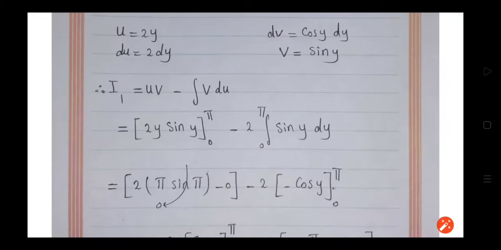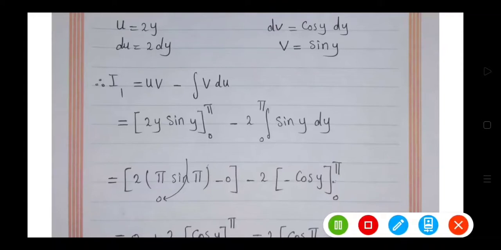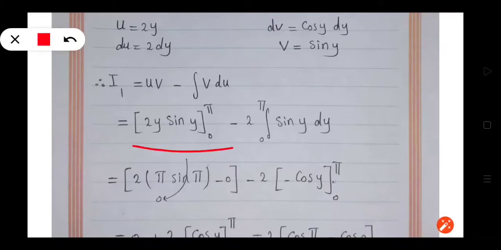Now I1 equals uv minus the integral of v du. But we have bounded integration, with two limits for the whole function. u times v is 2y sine y from 0 to pi, minus the integral of v du, which is 2 outside, the integral of sine y dy with the same limits.